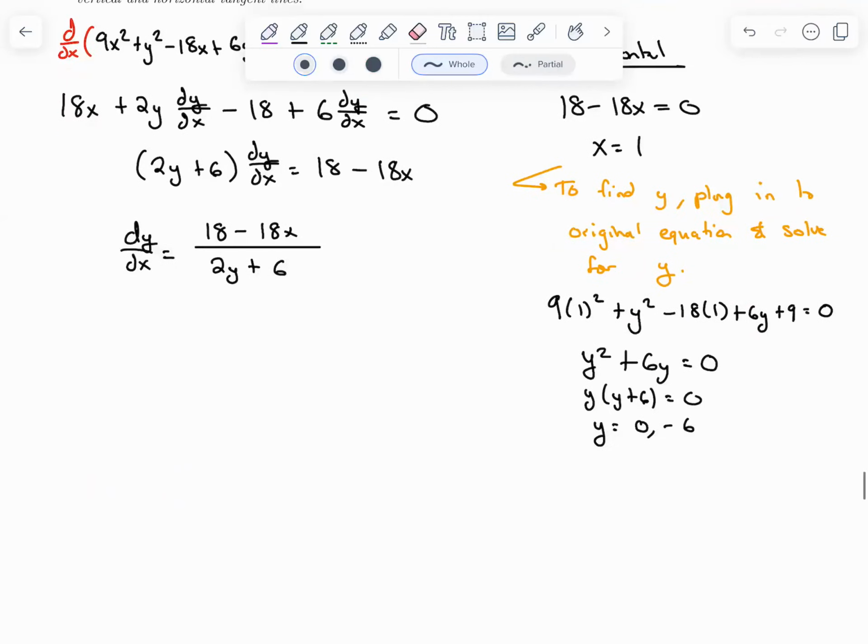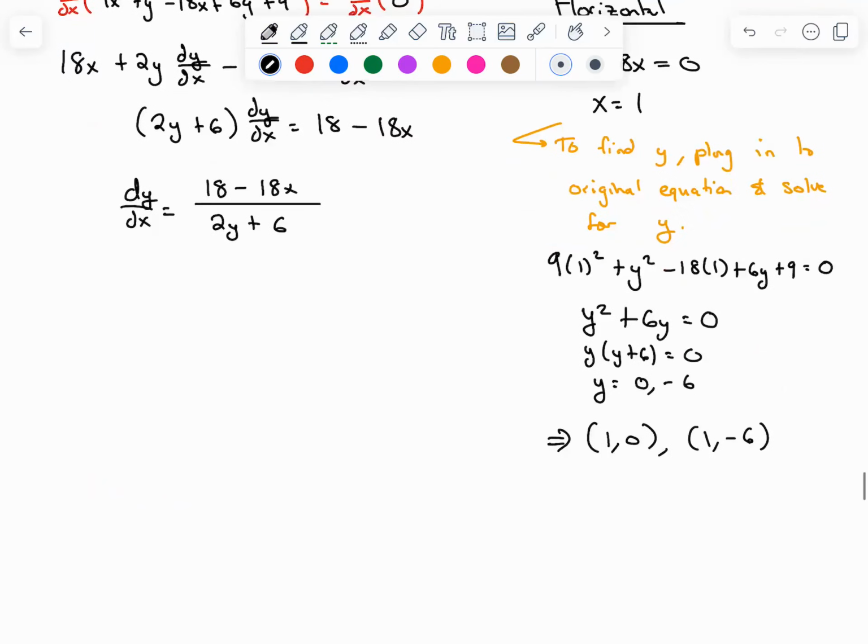With that one x value, we got 2 y values. So that means we have 2 different distinct points: 1, 0 and 1, -6. The x value is the same. For the x value 1, we got 2 different y values. So we get 2 points that have the same x value. That is okay, especially if we remember our picture.